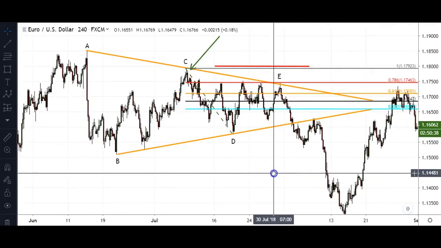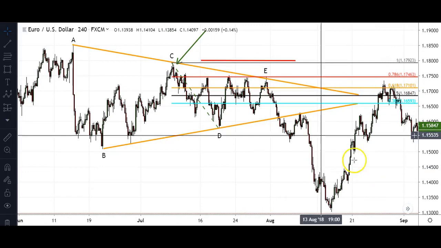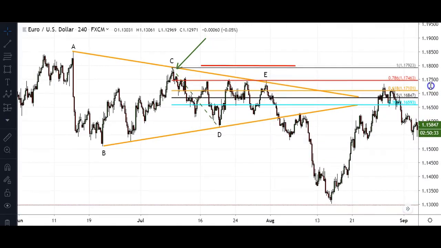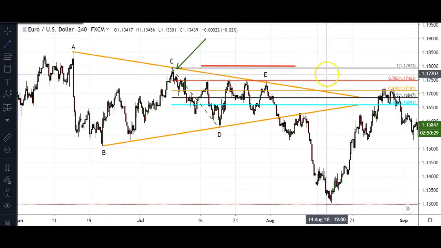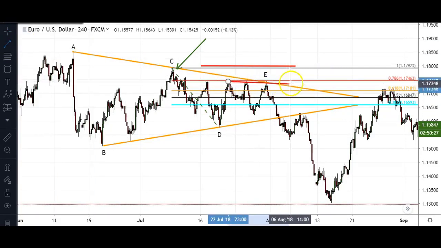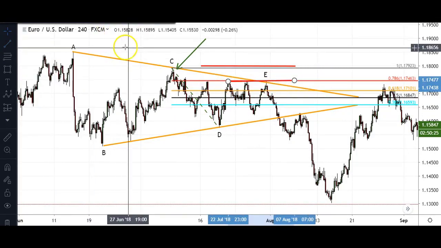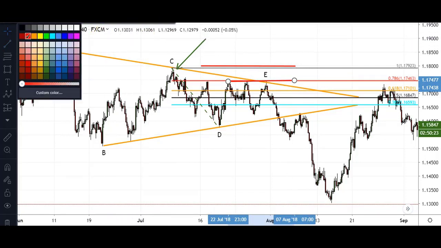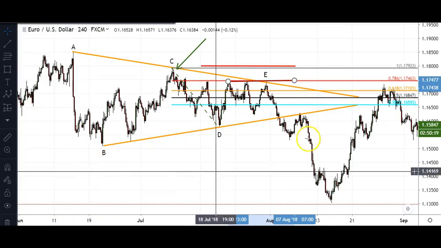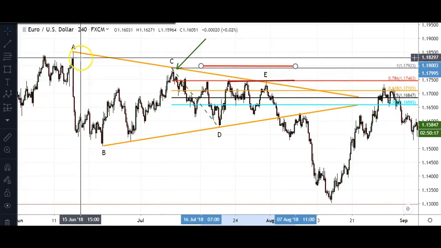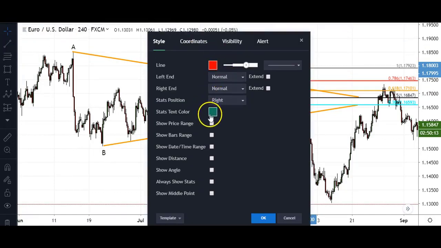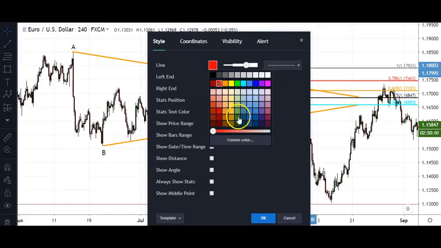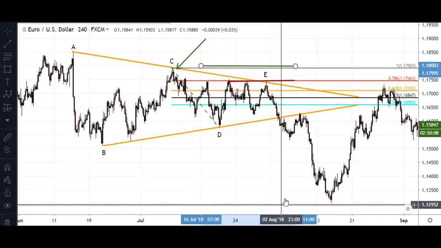Although it took a pretty decent part of a month to move downwards, I actually caught a really big chunk of this trade. My entry right about here where the 0.786% retracement level was. Let's make this our stop loss, and let's color that green, and there we go.